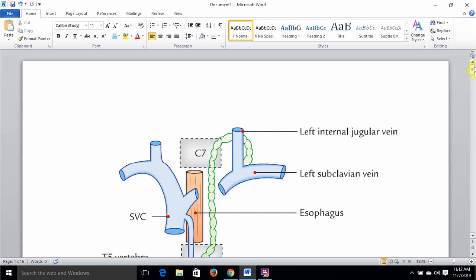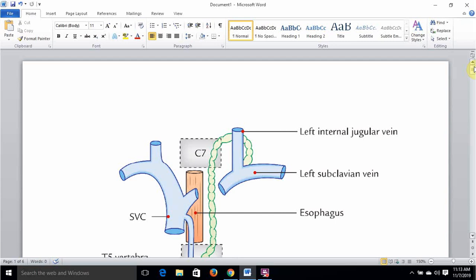Similarly, the thoracic duct is the continuation of the upper end of the cisterna chyli at the level of the lower border of the T12 thoracic vertebra, right?